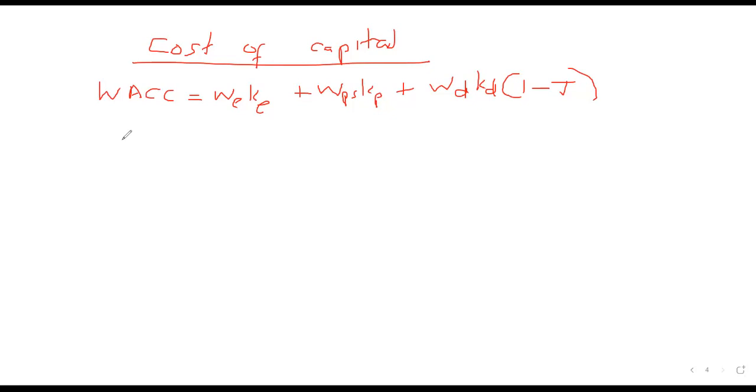For instance, for equity itself, let's see, you would be told that the risk-free rate is 8%, and let's say beta is 0.6.